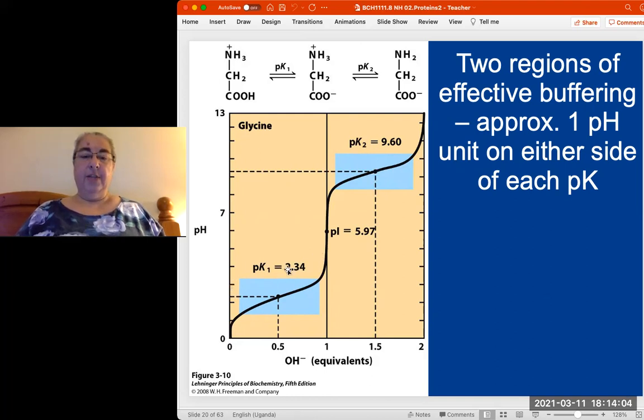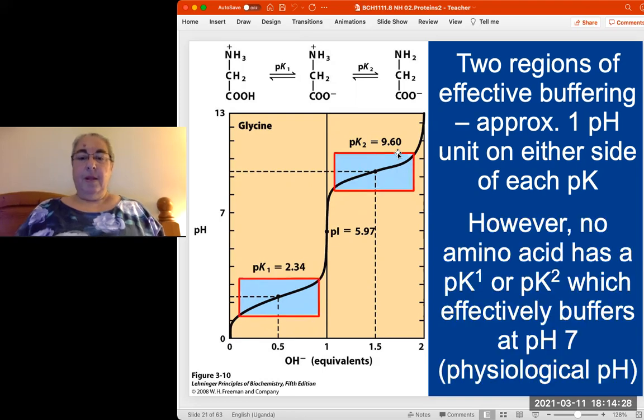So this pK is 2.34, so there is a buffering effect going on between about 1.3 and 3.3. Okay, do you see that? And here, the pK is 9.6, so buffering between about 8.6 and 10.6. So there's just the buffering range emphasized.